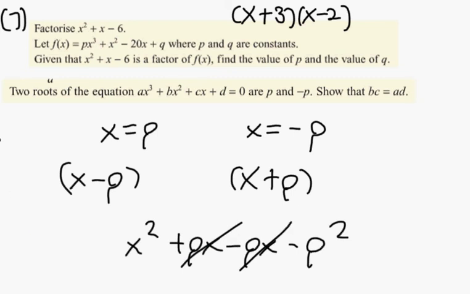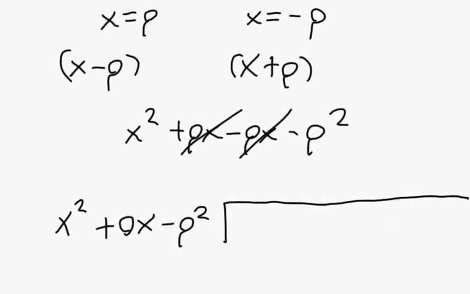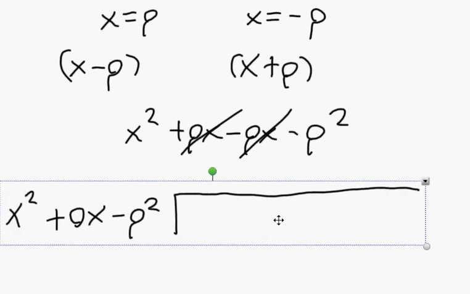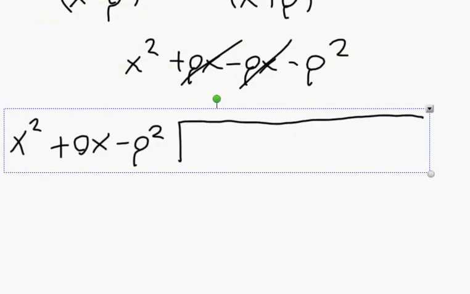The px is cancelled. You're going to get x squared plus 0x. Why am I putting in the 0x? I'm going to be dividing it in a second. It will line up nicely. Then what we've got to do is, it's all going to divide into ax cubed plus bx squared plus cx plus d. Okay?